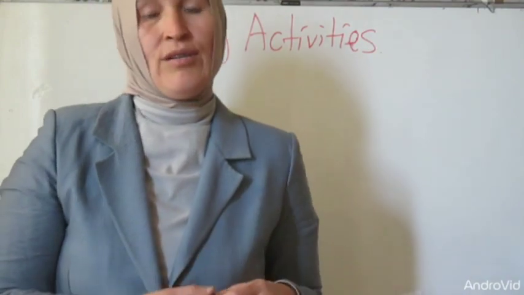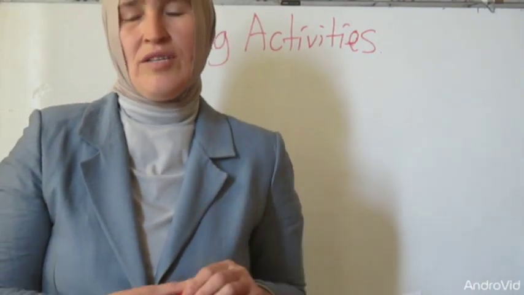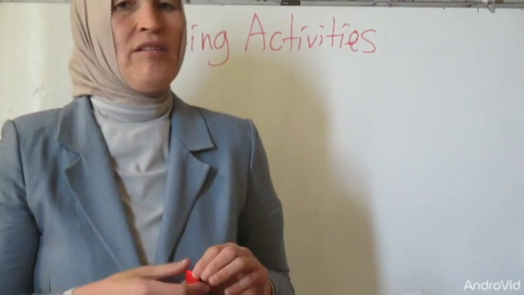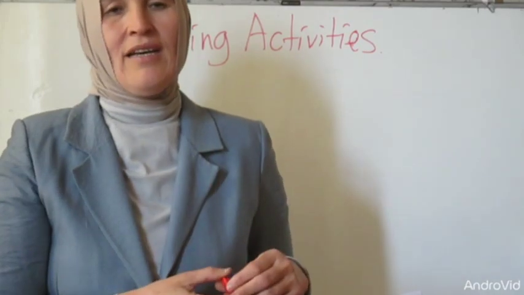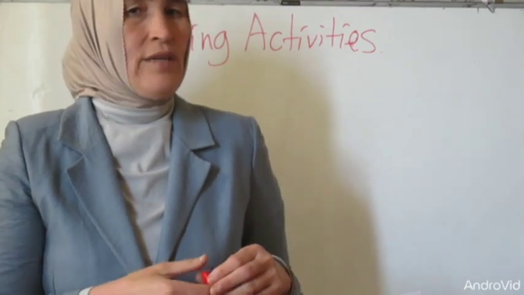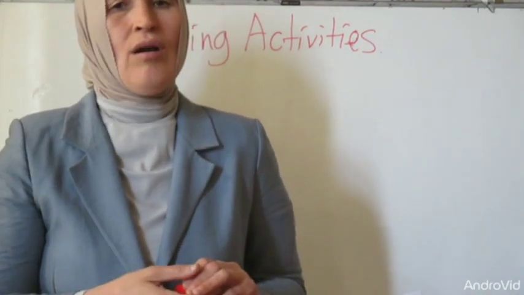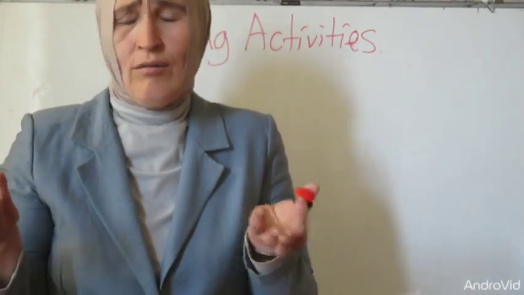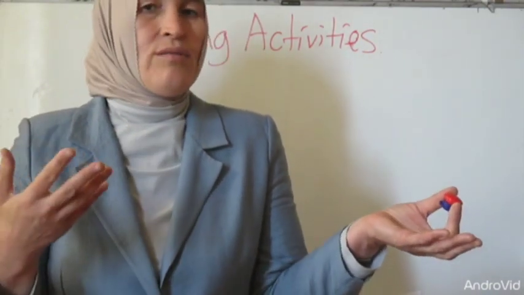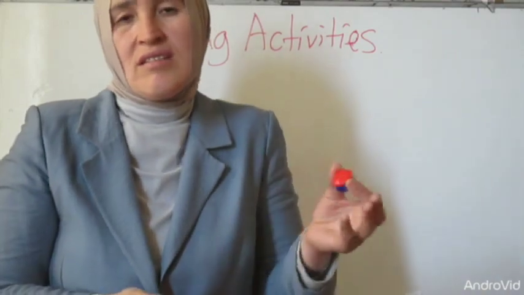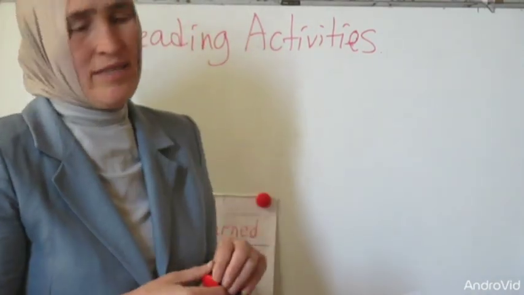And also we can do scanning activities, like asking some detailed questions about that reading. If our reading is the same, "No Ordinary Place to Eat," we can ask detailed questions. Where is that restaurant? Or when, or why is it unusual, or what kind of disadvantages does it have? You can ask detailed questions as a while activity.